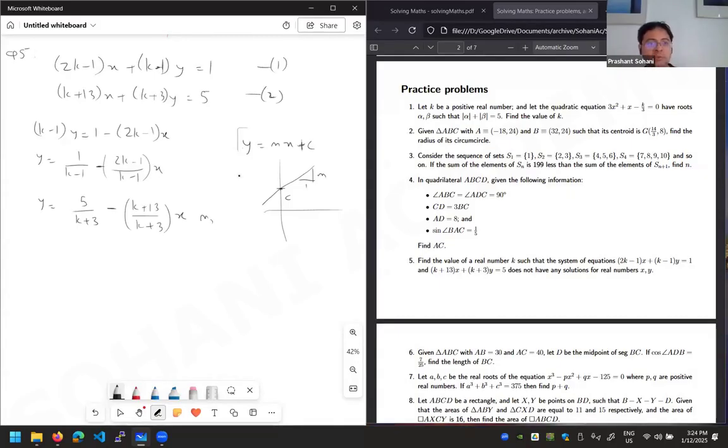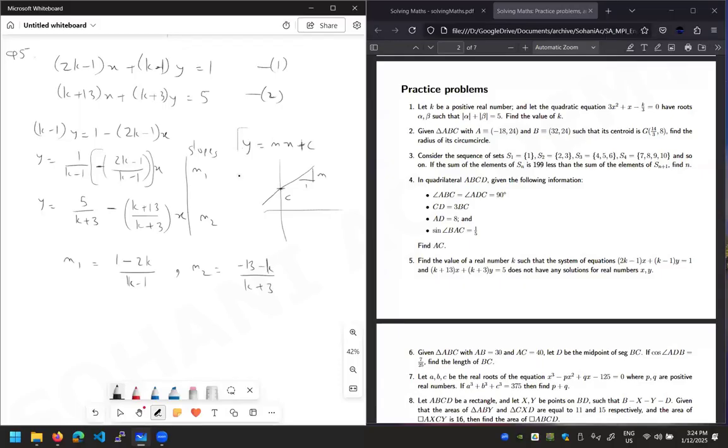So if I call the slopes of the first and second lines m1 and m2, then the slope of the first line will be basically this bracket, right? If I take the minus sign inside, and the slope of the second line will be minus 13 minus k. Okay, then what will happen? So they'll be equal. Yes.